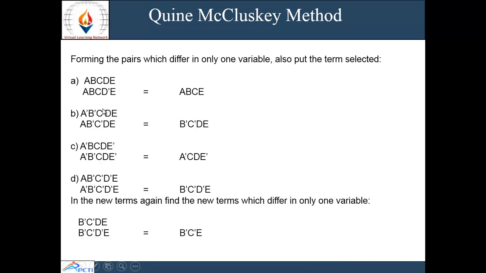We make a pair and remove the differing variable from the equation. For example, in the first one we remove D complement, in the second one we remove A complement, in the third one we remove B complement, and in the next one we remove A and A complement.